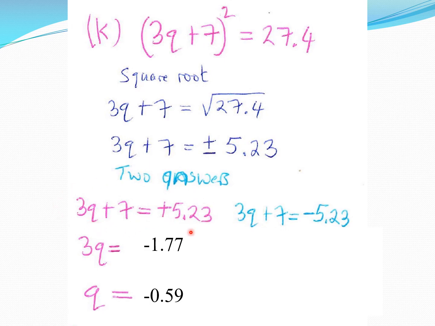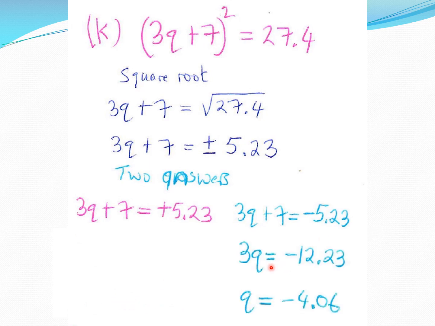So if we look at the equation on the left hand side, 3q plus 7 equals 5.23, and we take 7 away from both sides. So 5.23 take away 7 is minus 1.77. So 3q equals minus 1.77. Divide by 3, q equals minus 0.59. And then the equation on the right hand side, 3q plus 7 equals minus 5.23. We take 7 away from both sides, 3q equals minus 12.23.